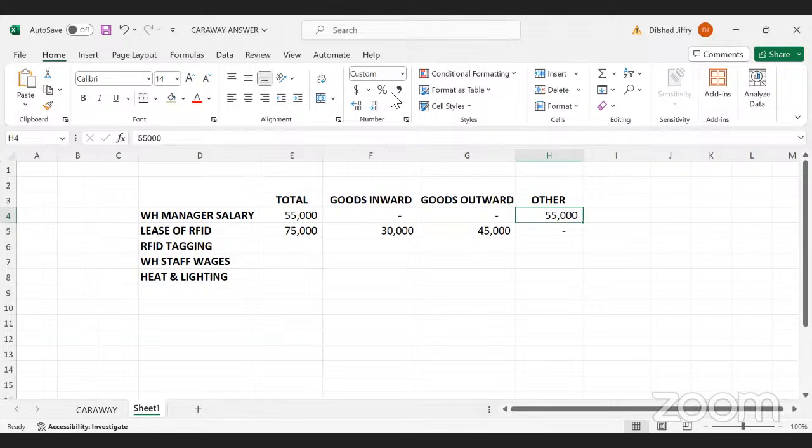Warehouse. Number of staff required. 12 plus, they say another 2 they need, isn't it? So 14 staff.